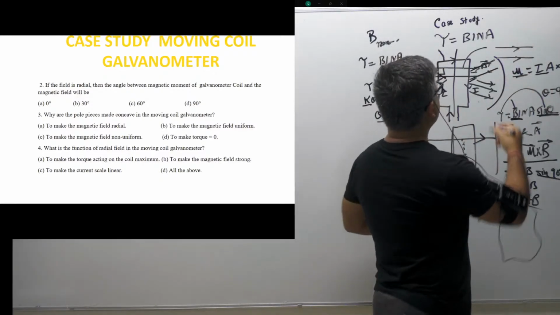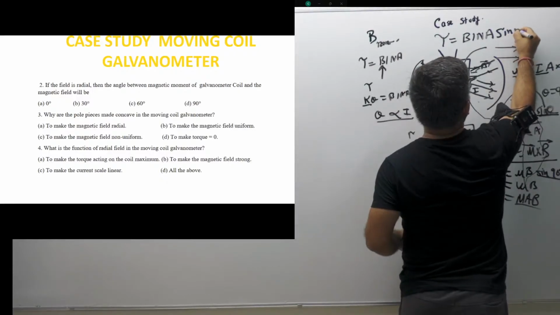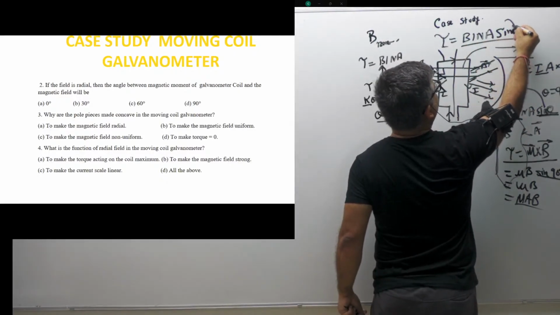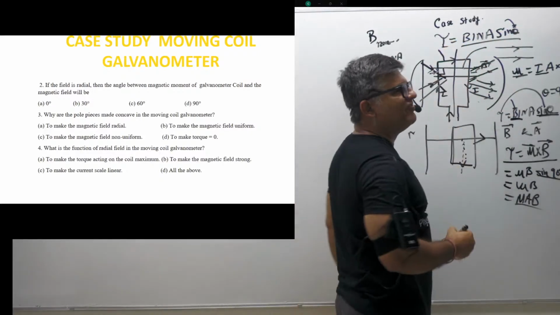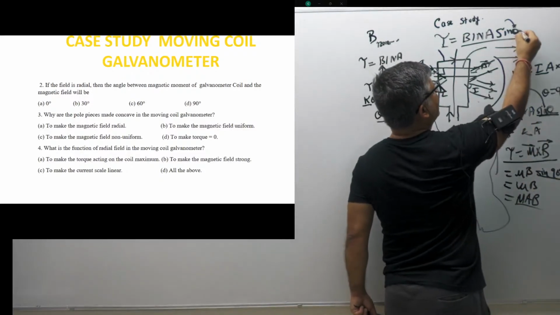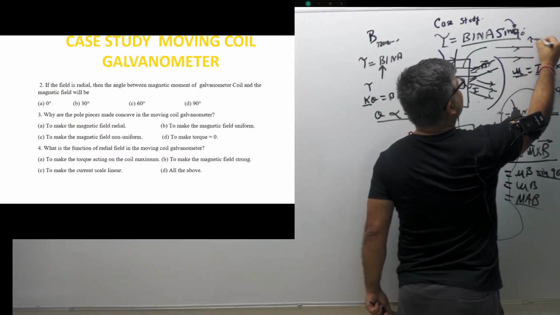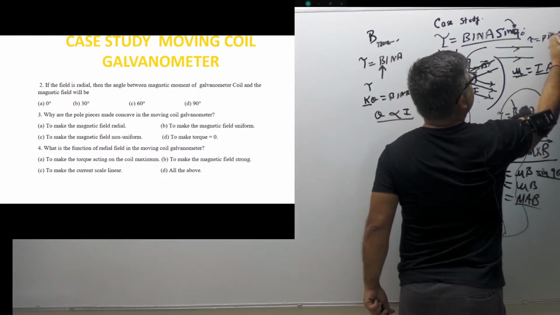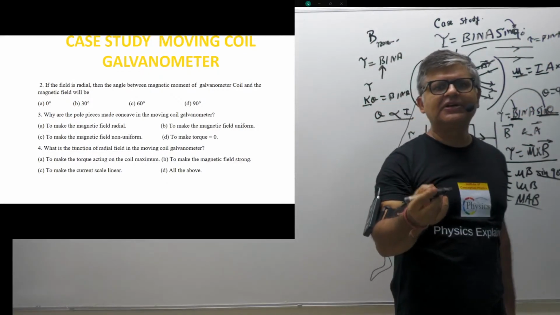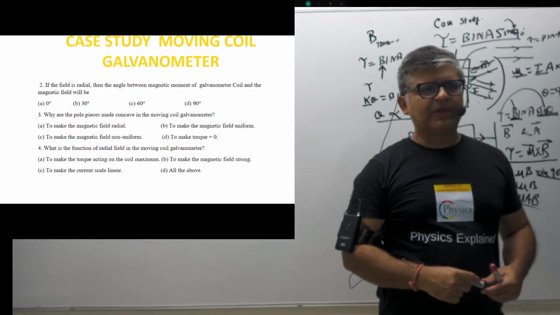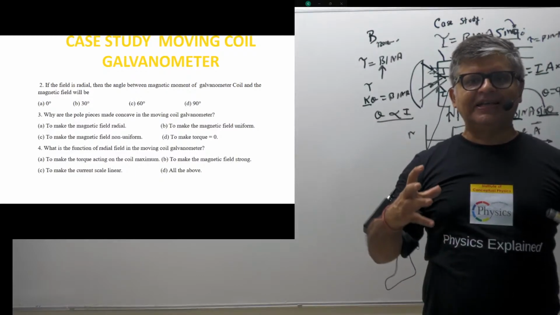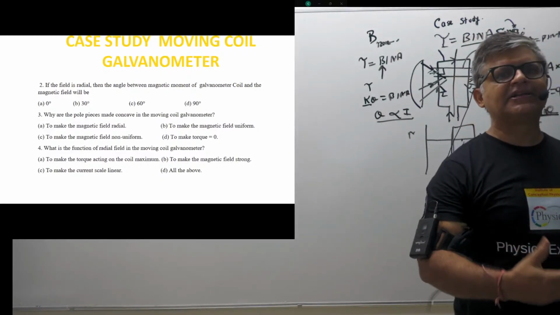Otherwise, you will have a problem, right? The torque will depend on the angle, so it will become a varying torque. Since you have sine 90 here, torque is equal to BINA, right? There is no sine theta in the expression now, so it is independent of the angle. So yes, the torque is maximum, and the radial nature of the magnetic field helps achieve that.